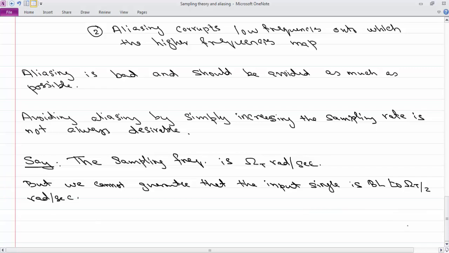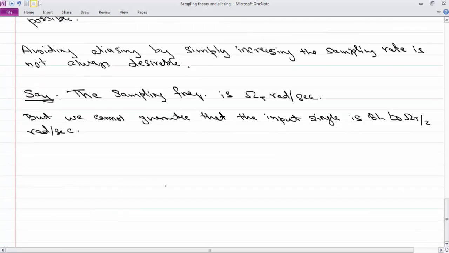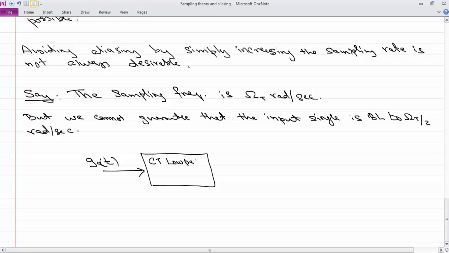To do that, what we can do is pass the signal, this is your input signal, through a continuous time low pass filter. And what should be the cutoff of this filter?